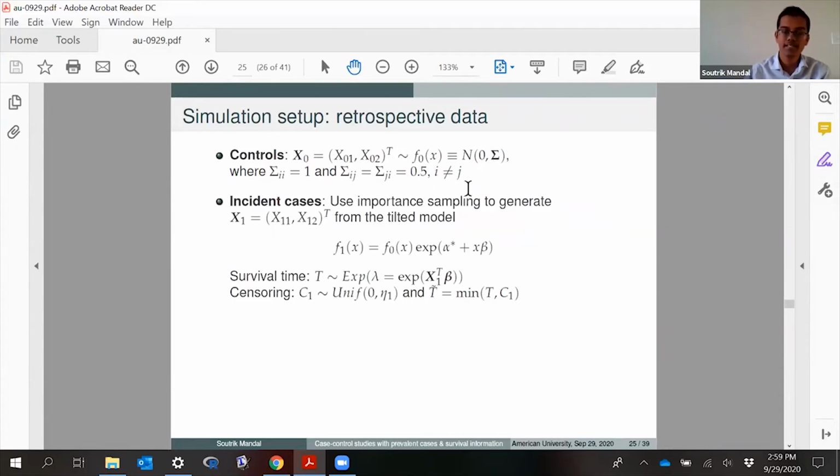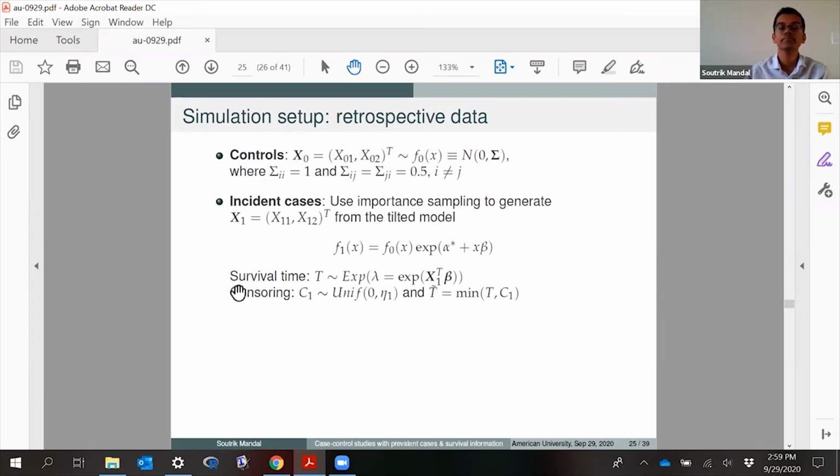For incident cases, we use importance sampling to generate the exposure from the tilted model, as you remember from previous slides, the exponential tilting model for incident cases. So we use importance sampling to generate exposures.